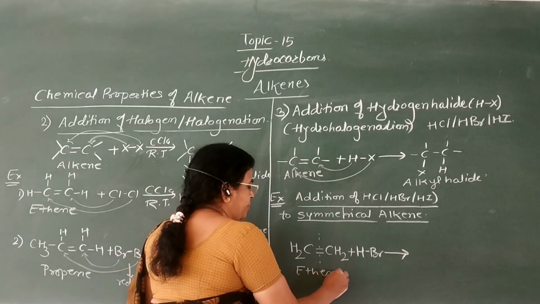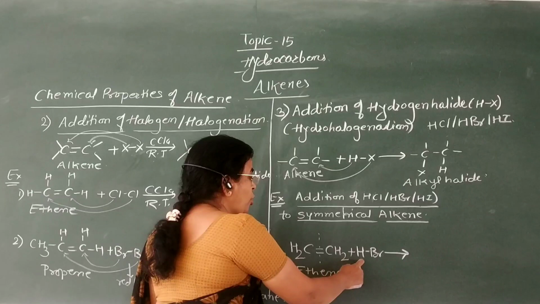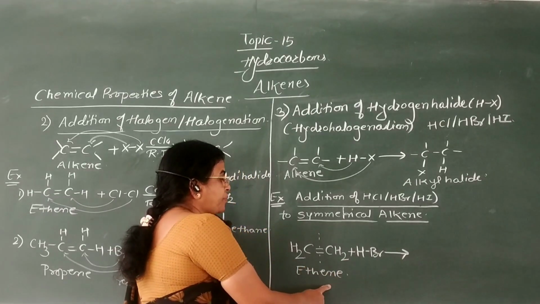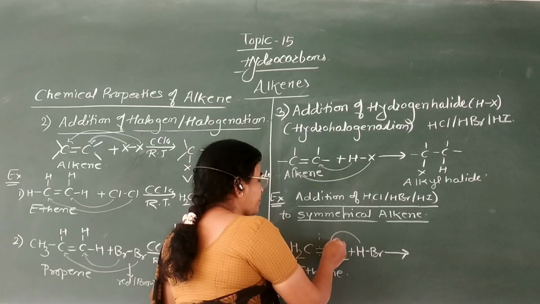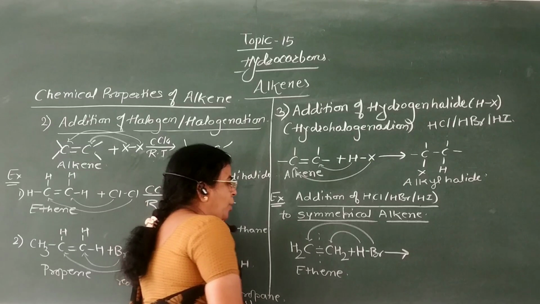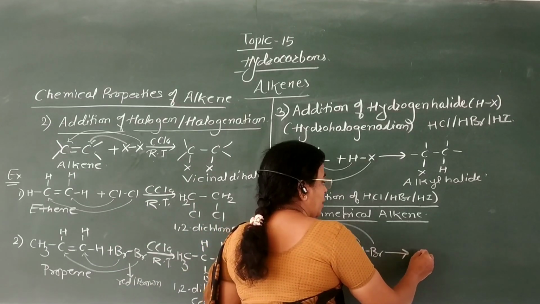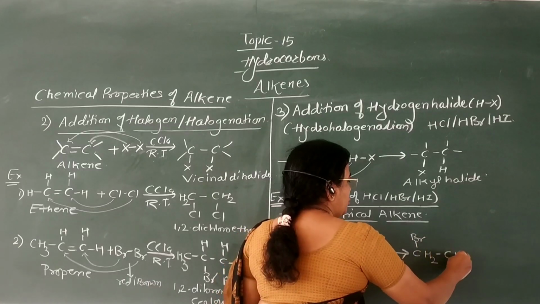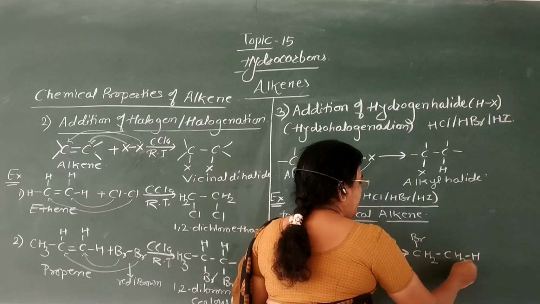This is ethene. When addition of HBr is carried out across the double bond of this ethene, then addition of this HBr takes place across the double bond to form CH2Br, CH3.